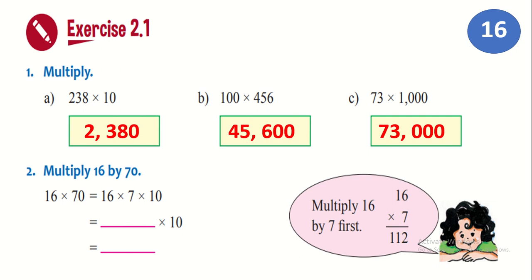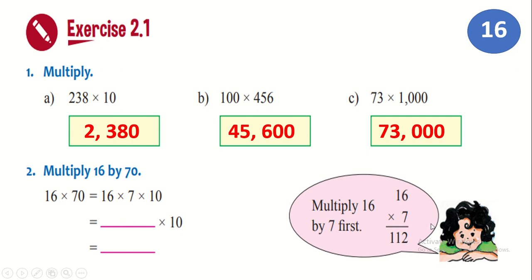Number 2: multiply 16 by 70. Multiply 16 by 7 first. 16 times 7 is 112.